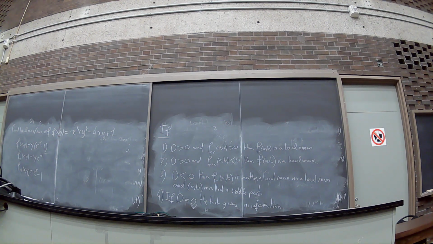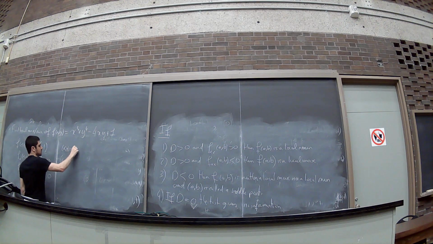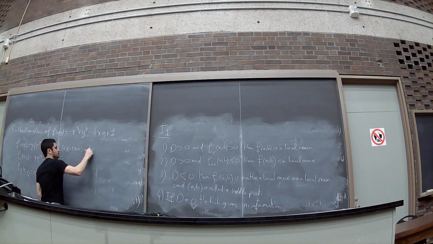What is the only solution to this, if I need to solve these two equal to 0? This equation tells you that y must be 0, right? Because e to the x is never 0. And this equation tells you that e to the x must be 1. It means x is 0, right? So x is 0, y is 0.